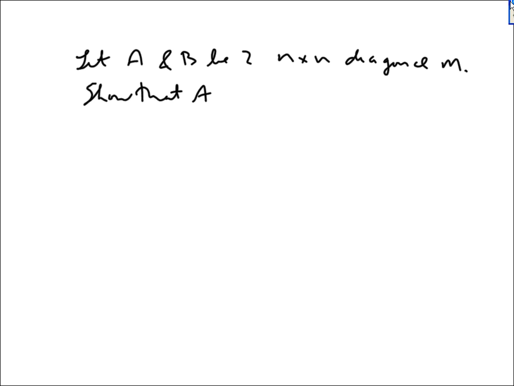Show that A times B does equal B times A. That is, if you just take two diagonal matrices of the same size, they'll commute. Are they the only ones? No. I truly don't believe that.